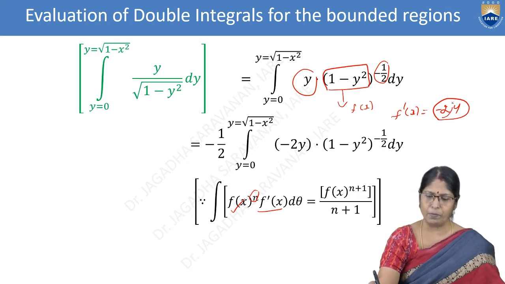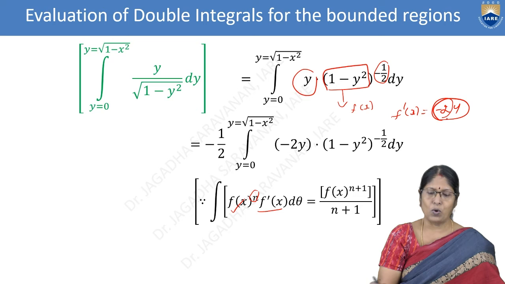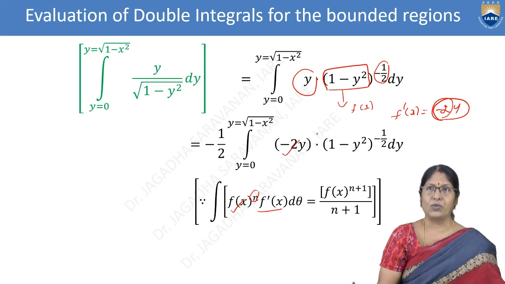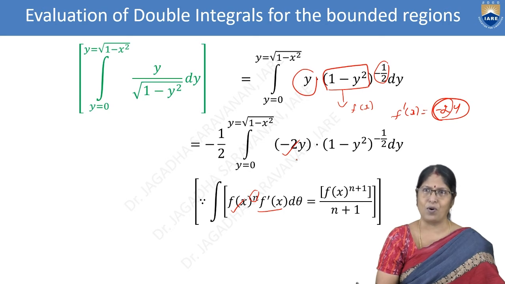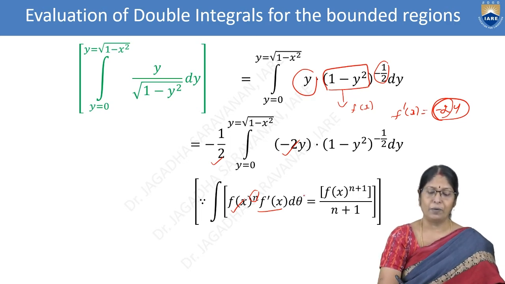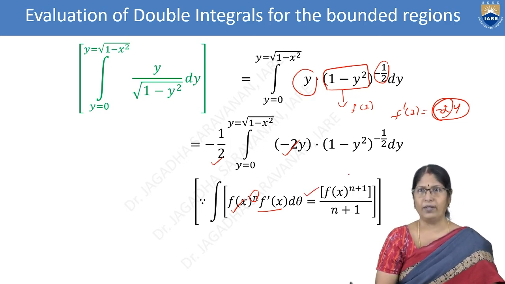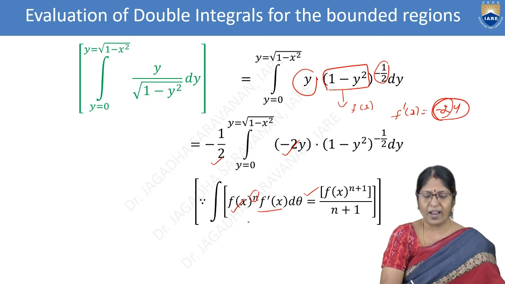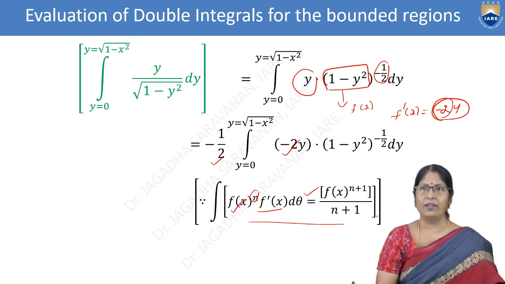We needed this minus 2, so we multiplied by minus 2. If we only multiply, mathematically it is wrong, so we have to balance it. That's why we multiplied and divided by minus 2, keeping in mind that we decided to apply this formula, which makes our integration very easy and a time-saving procedure also.